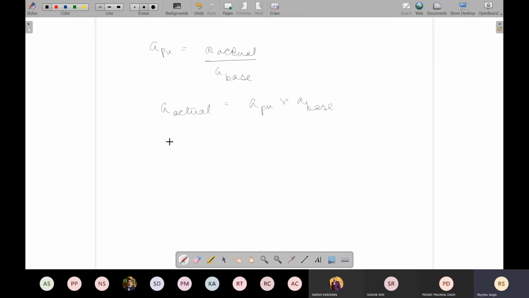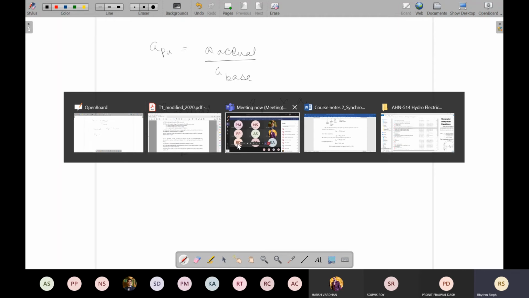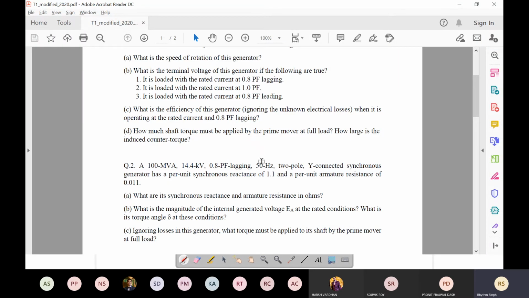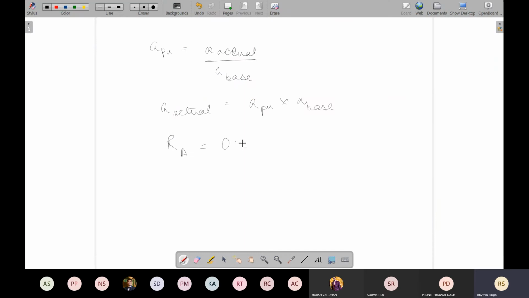So for RA, the armature resistance, the actual value will be the per unit value of resistance, which is given here as 0.011, multiplied by the Z base. Both for RA and for XS, the base value is the Z base. I think it's now pretty obvious because they are similar nature quantities. So Z base is 2.074 ohm.